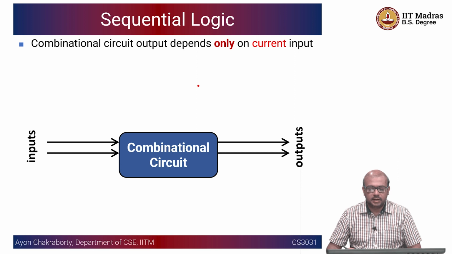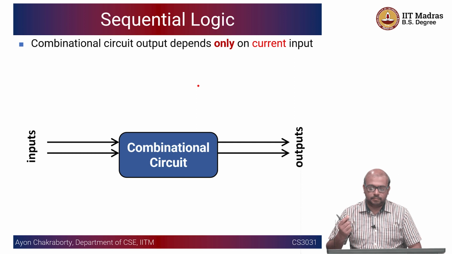This is what I just said: if you have a combinational circuit, the outputs depend only on the current input, right? There is no dependency on what happened in the circuit previously. As an example, adders, we have studied full adders. Even in an arithmetic and logical unit in a processor, you will basically have adders.